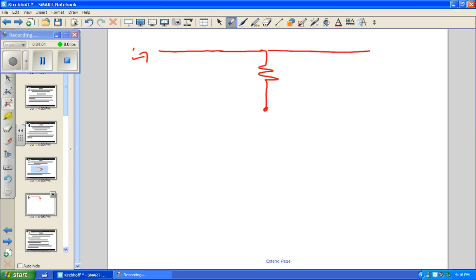And then we're going to come down here, and we've got another resistance, and we've got another node or junction, and we've got a resistance there. Now, line 2, we're going to say is a voltage that's happening at a different time. And that doesn't mean a great deal, except that we're going to measure the resistance coming here.